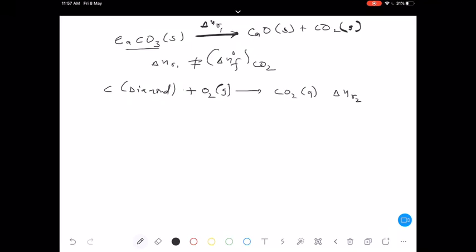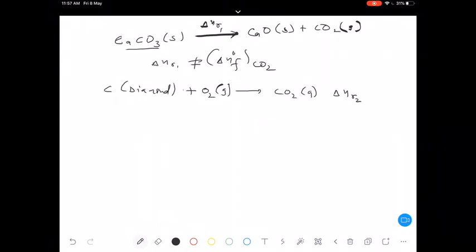Now that is heat of reaction, delta HR2. Here carbon dioxide is being formed in its standard state, gaseous state. Yes, correct. 1 mole of substance, when it is formed in its standard state from its corresponding elements, yes, it is being formed from carbon and oxygen, correct.